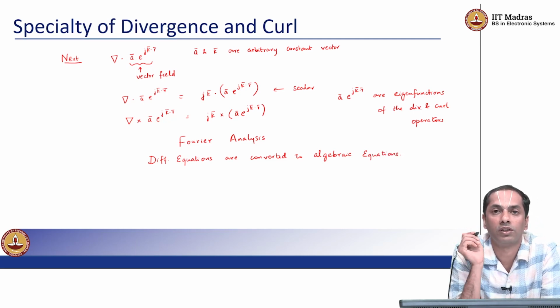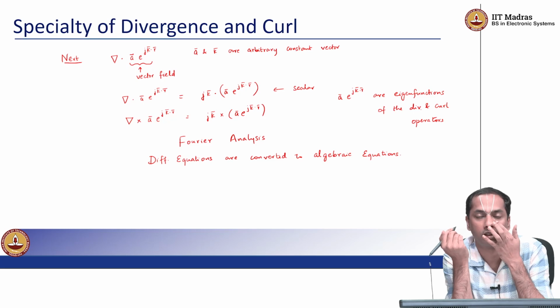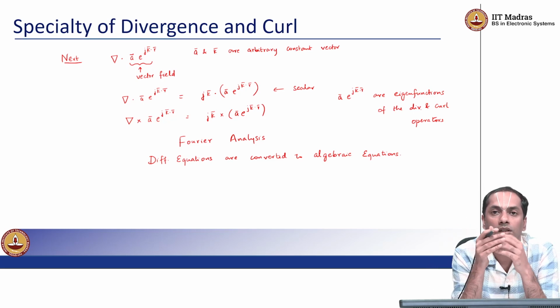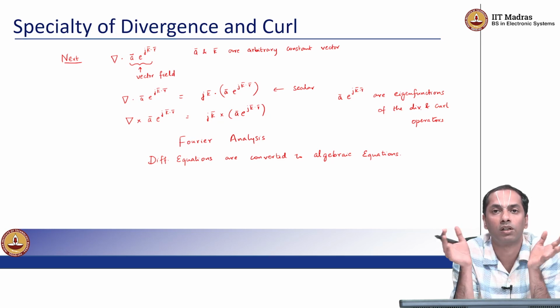So this is the stepping stone of trying to say that I can take an arbitrary vector field, right, and I can of course split it using the Fourier analysis into individual components, right.